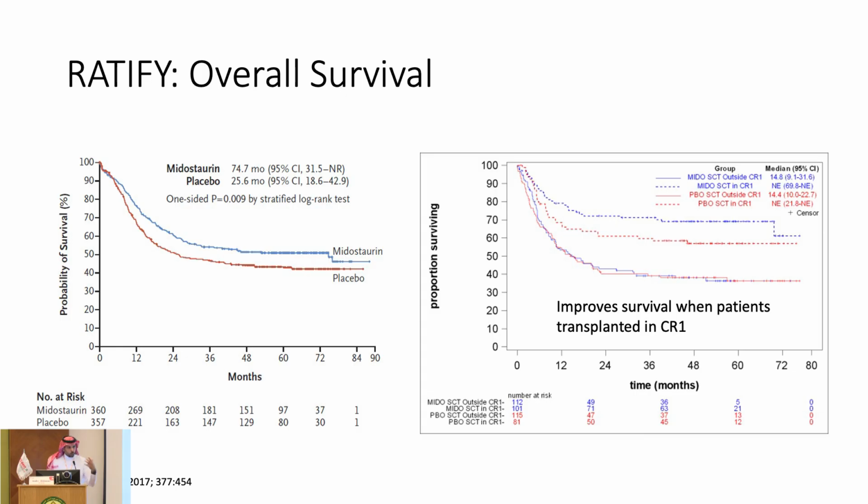Thinking about the role of utilizing the FLT3 inhibitor within the upfront setting during induction and consolidation, followed by stem cell transplant, knowing that maintenance midostaurin was not allowed in the post-transplant setting in this situation. So you can see that there is a remarkable overall survival curve here for patients who received transplants in the upfront setting.